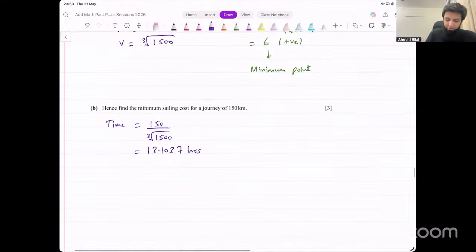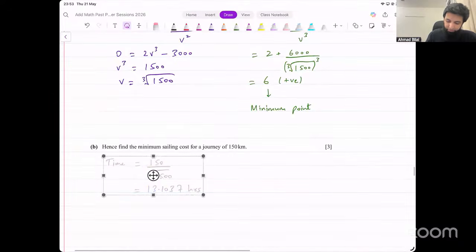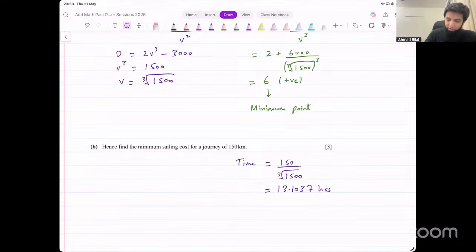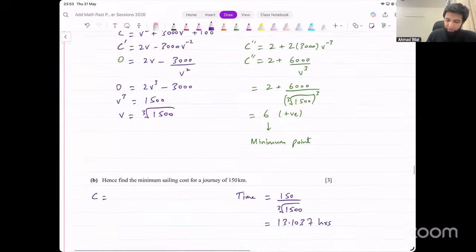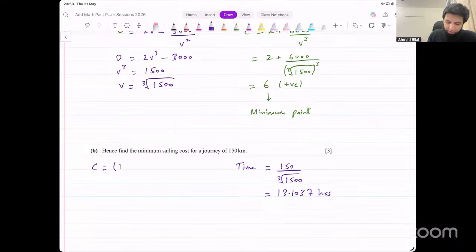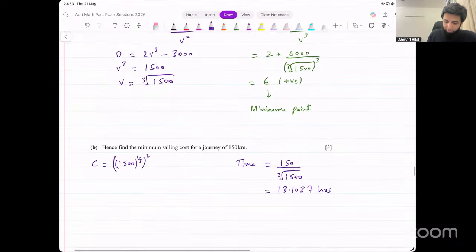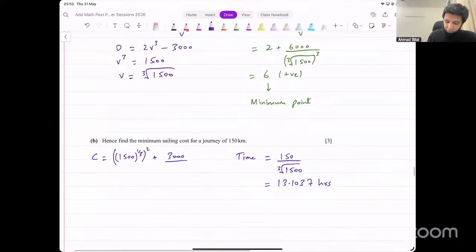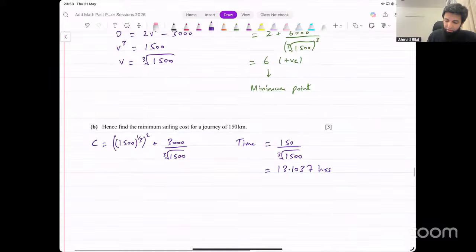Let's figure that out. What we can do for that is we do it on the side here. The sailing cost per hour function is V squared, that means 1500 cube root of this, and then whole squared, that will be power 2 over 3, plus 3000 over V, which is cube root of 1500, plus 100.